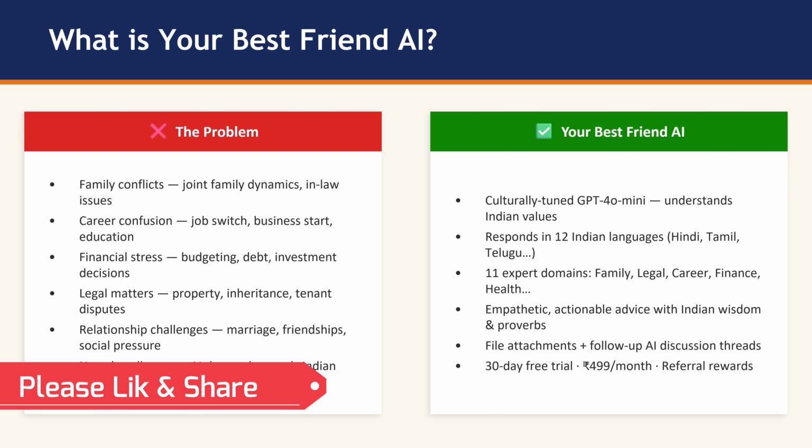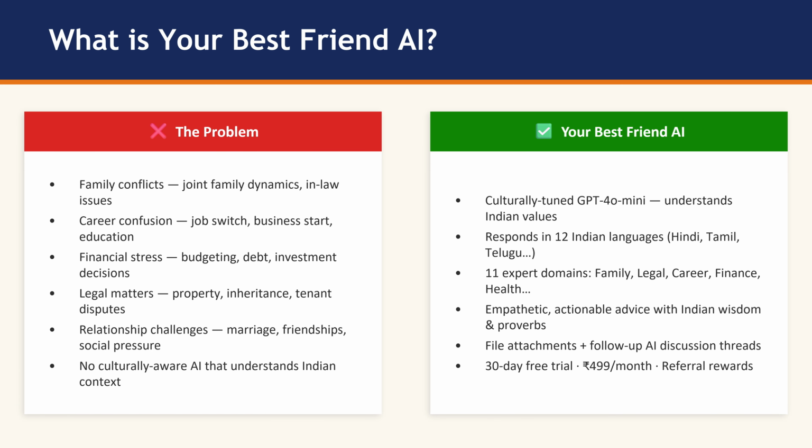It also understands Hong Kong's languages like Cantonese, Mandarin, and English. It understands joint family, arranged marriage pressures, and as an Indian, you understand the UPSC journey. This is not just a generic chatbot.